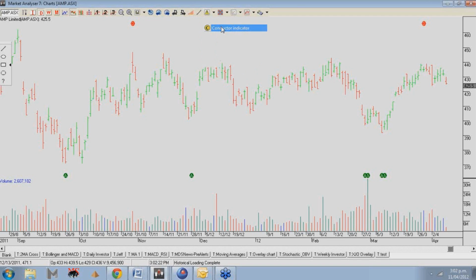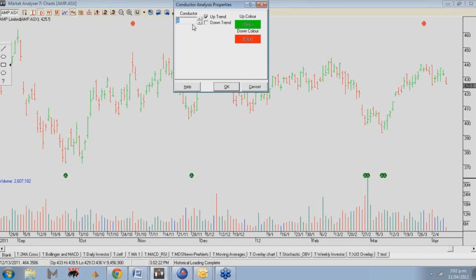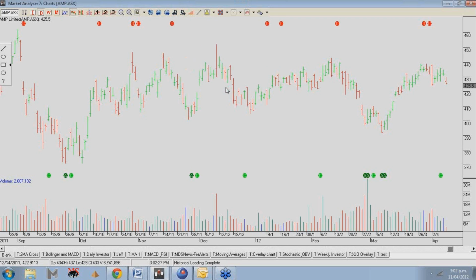The other one, the conductor indicator, is more of a short-term indicator. We'll look at both up and down trends. Click OK, and it marks short-term turning points in the share. So it picks it up in here, the conductor picks up the turn up, and then here a turn down. So it's a very short-term trading tool, not designed for the bigger trends.